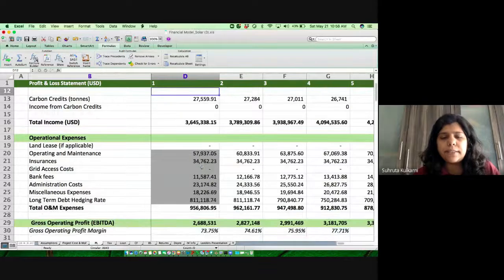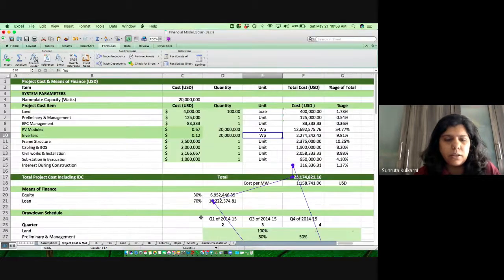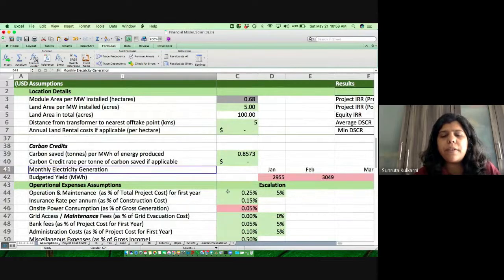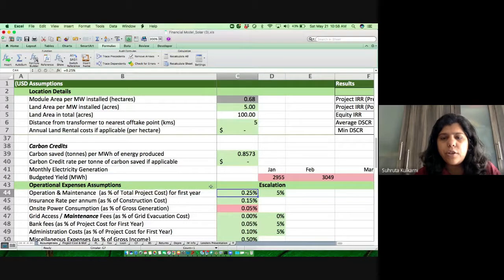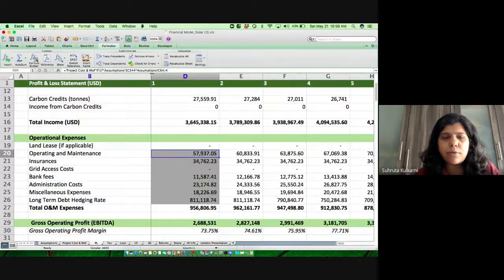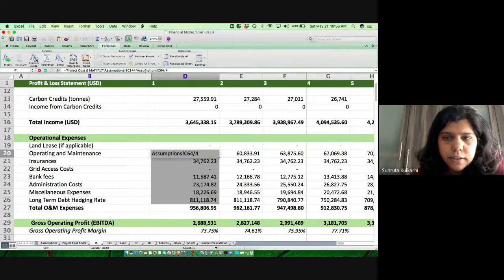Then there are expenses, and again, for the first year I have different expenses. So expenses are 0.25% of project cost, so you should have C44 into project cost. I'm going to take it from project cost and MOF. So I will go over here. You can see this project cost. I don't know whether this is visible, but you have to see this formula.